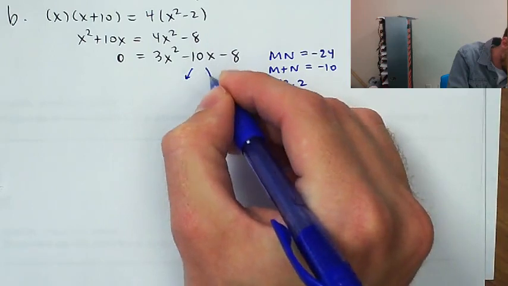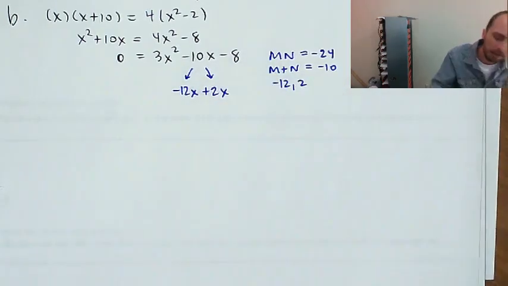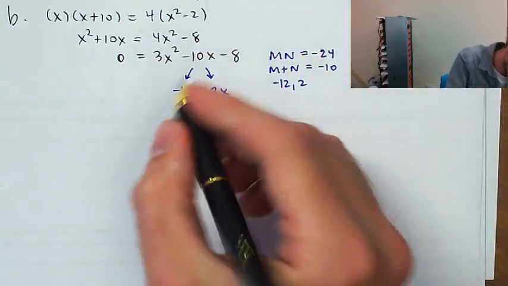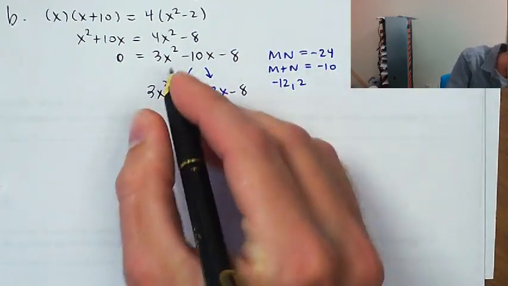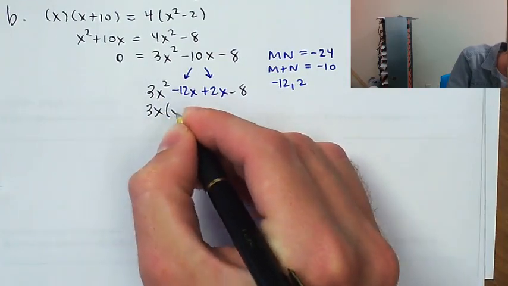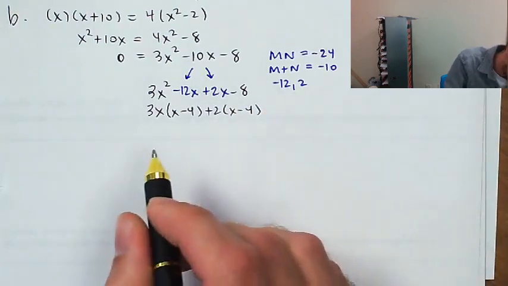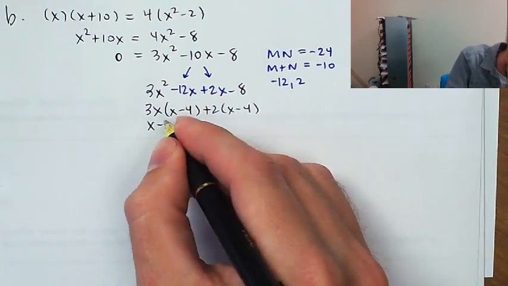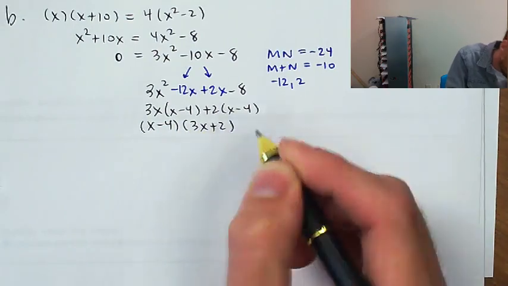So I'm going to split this up just like that, negative 12x plus 2x, and then everything else will stay the same. This is the second time we've done this in this homework, so I'm going to go a little faster. Group and factor. And minus 4. Be left with 3x plus 2.